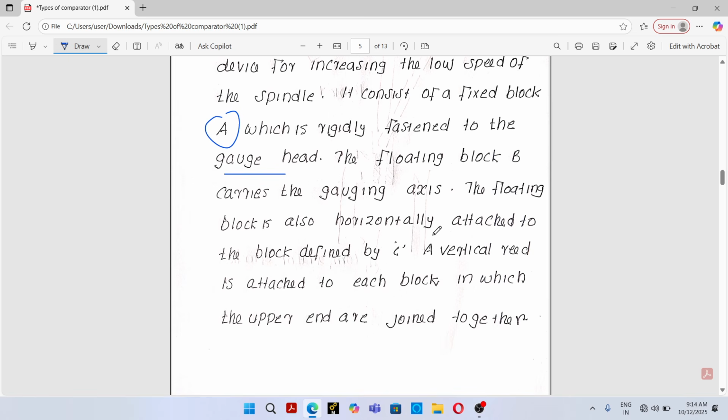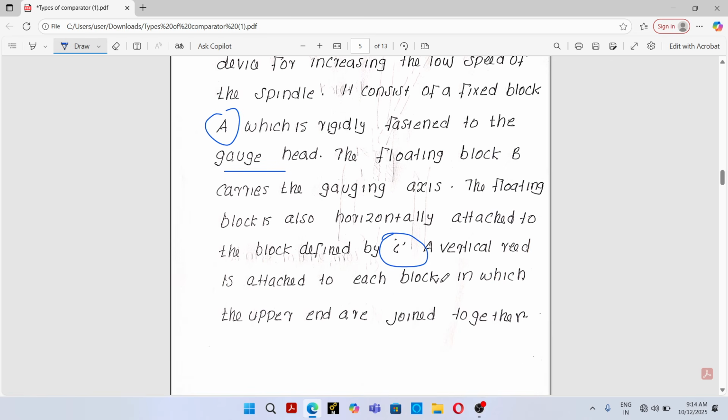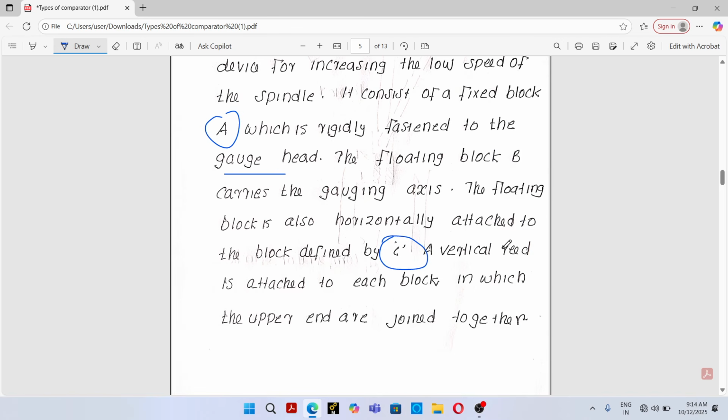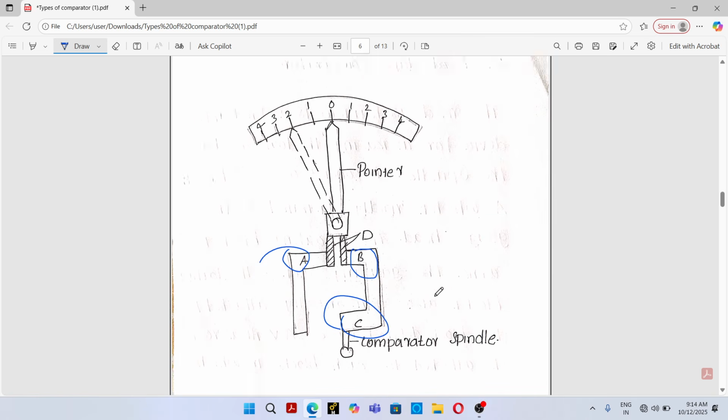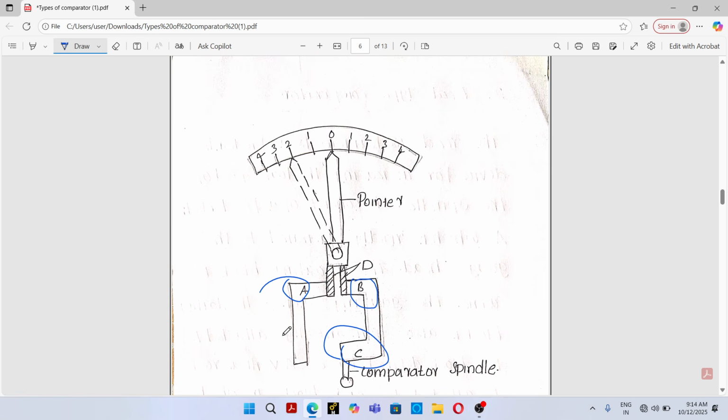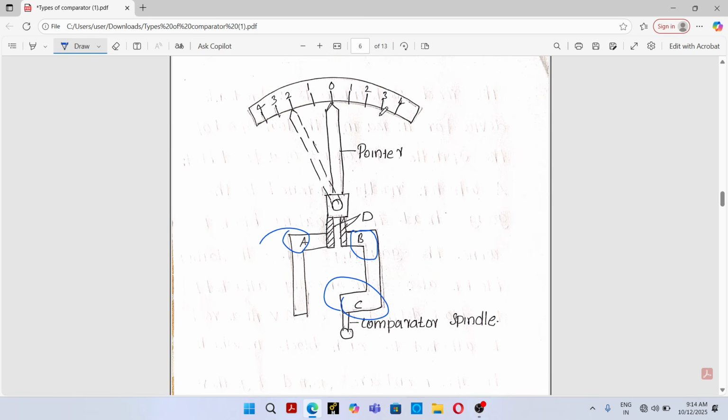The floating block is also horizontally attached to the block defined by C. See, this is the horizontal block C. A vertical reed is attached to each block, in which the upper ends are joined together. So on both of the blocks there is a vertical reed, and by using this reed the two blocks are joined together. Okay, so these are the main components in a reed type comparator.